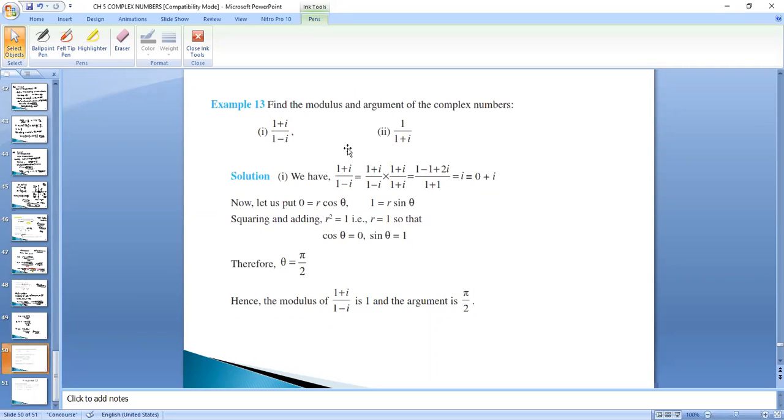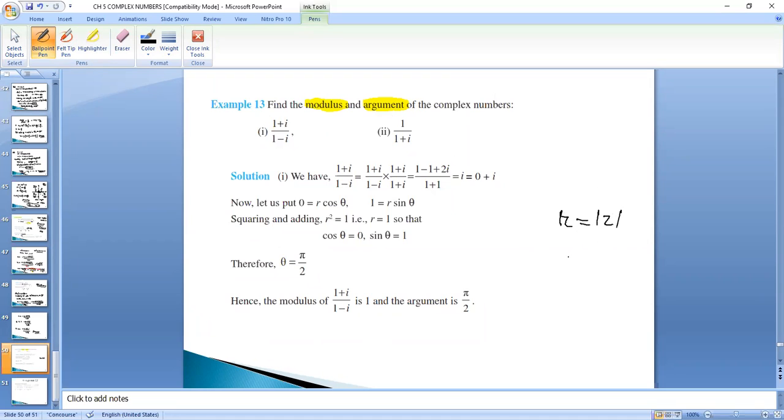Now I have taken one more question from the complex numbers. Find the modulus and argument of the complex number. What is meant by modulus and what is meant by argument, right? So modulus is your radius vector r, or you can say that z modulus. This is your modulus value, right?